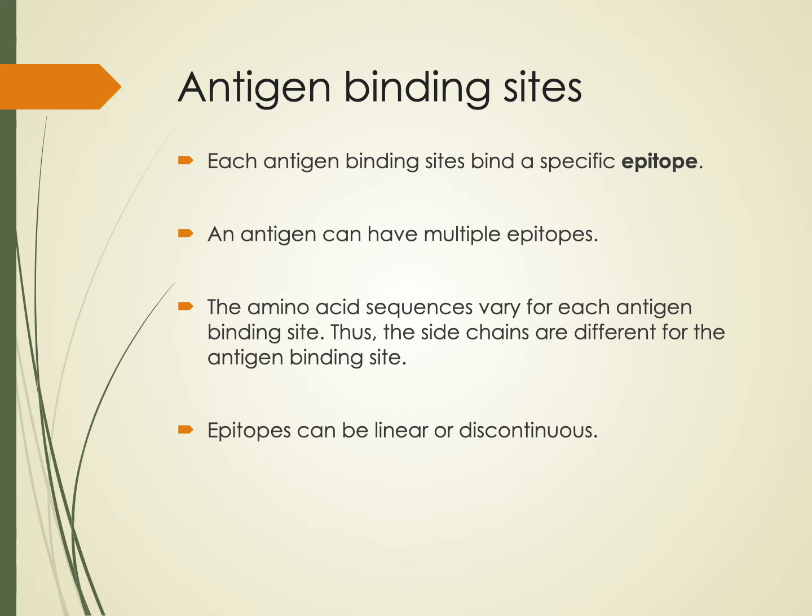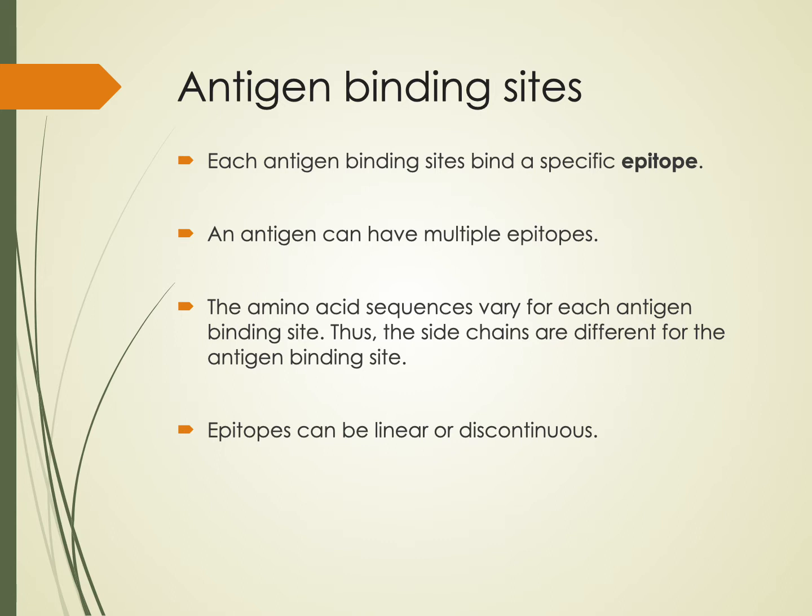As I mentioned, antigen binding sites recognize a specific epitope. Remember, the antigen is the whole entire molecule. If we're talking about a protein, an antigen can be hundreds of amino acids long, but the epitope is generally between 10 to 13 amino acids long. Epitopes aren't always linear, so it's not always a continuous sequence of those 10 to 13 amino acids.